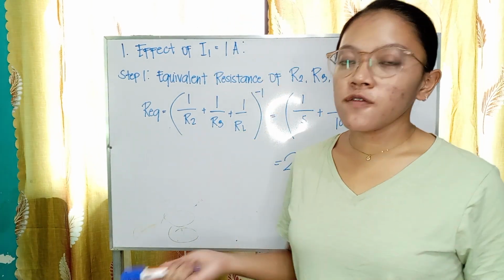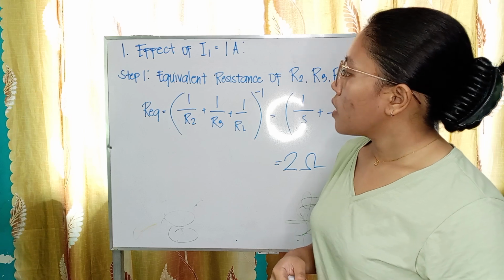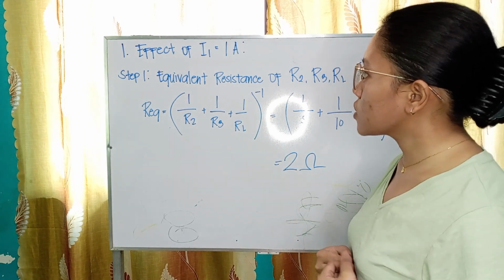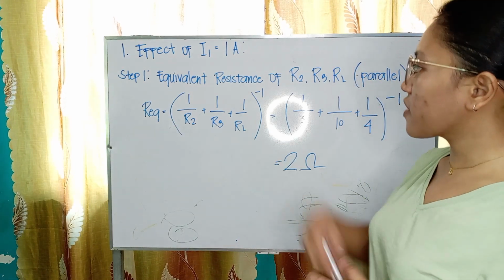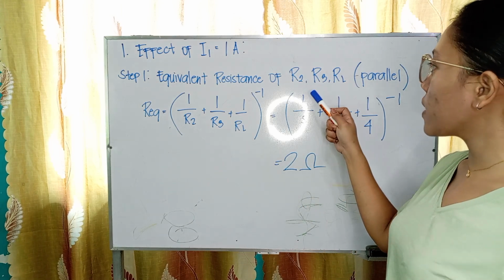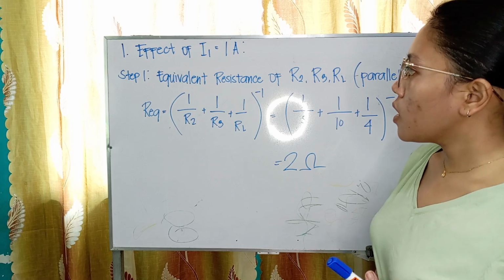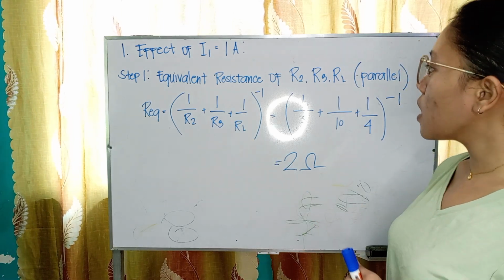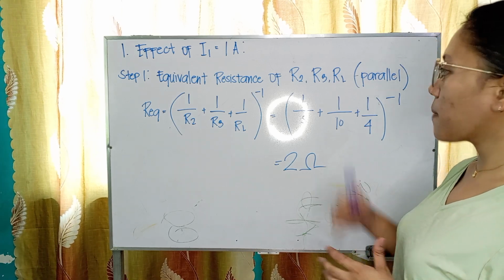So in solving this problem, first we need to know the effect of I sub 1, which is equal to 1 ampere. So in step 1, we need to determine the equivalent resistance of R sub 2, R sub 3, and R sub L, or the parallel.